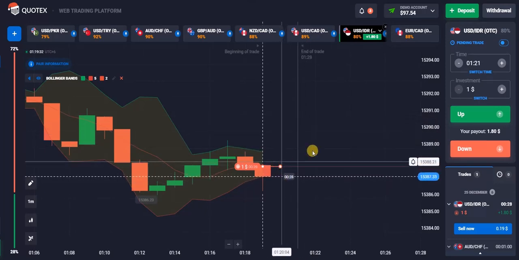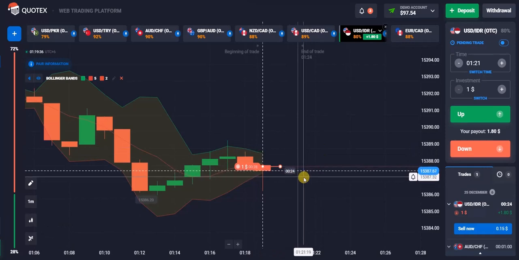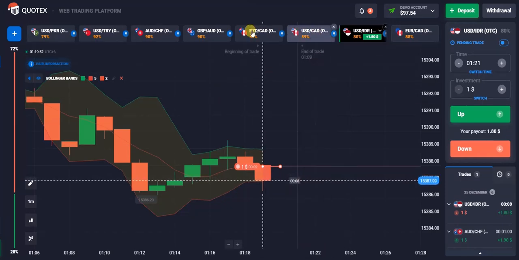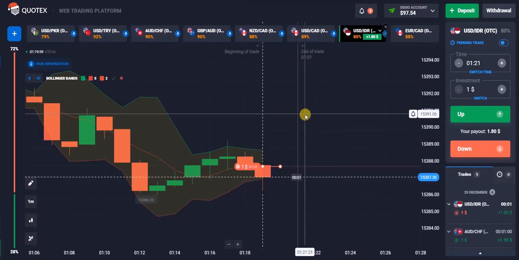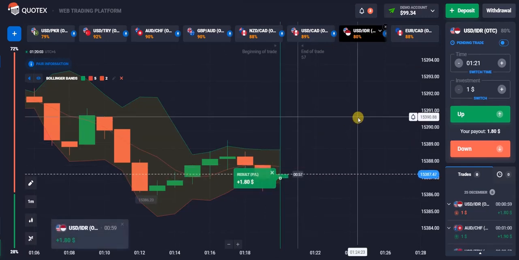Okay, so it seems like there are 26 seconds left and we're still winning. By the way, most of the currencies that I am trading right now are on OTC. These are not live markets. So we have won this one as well.